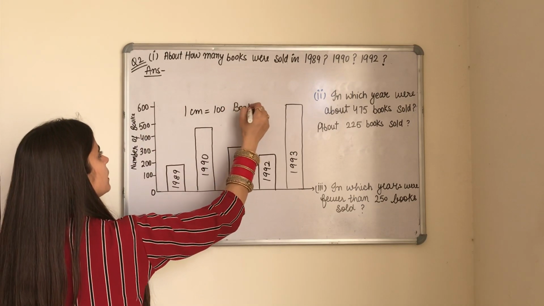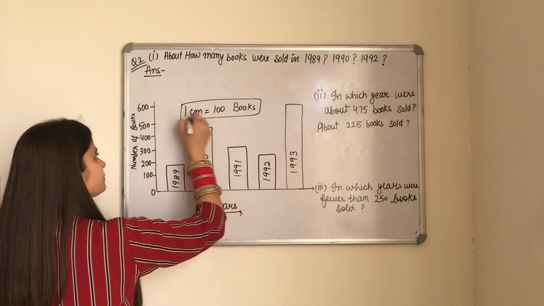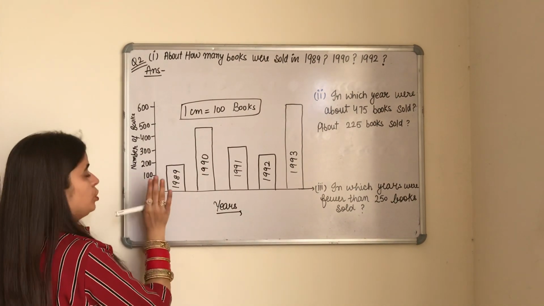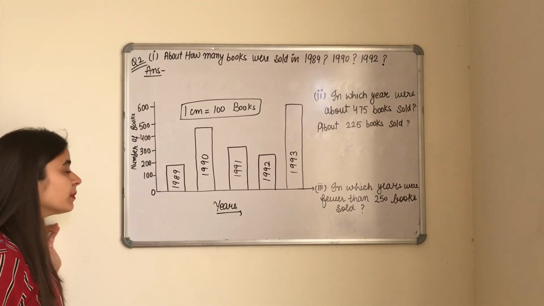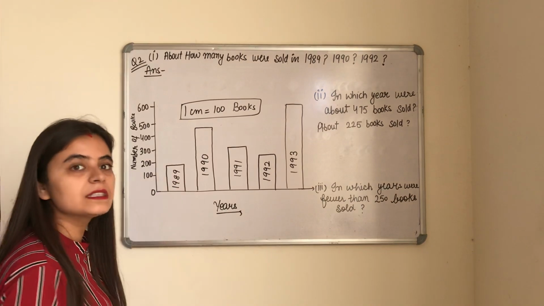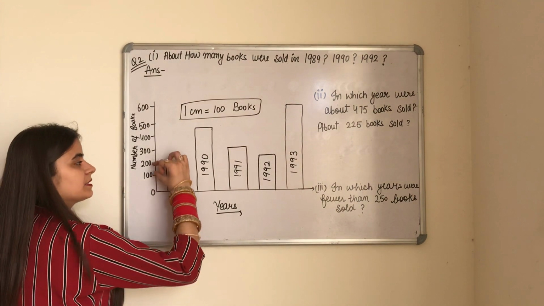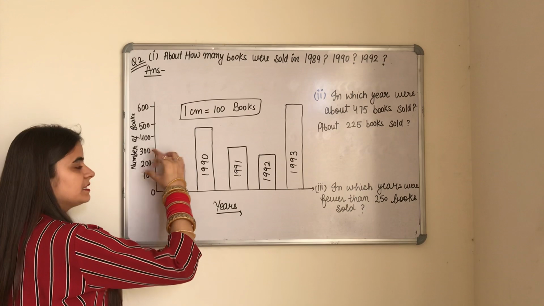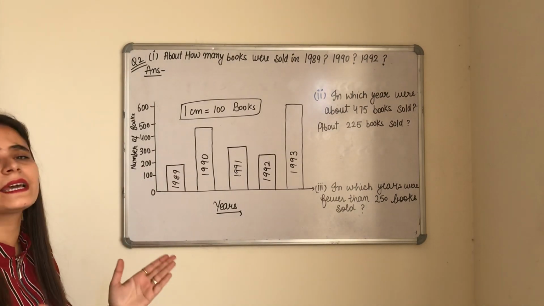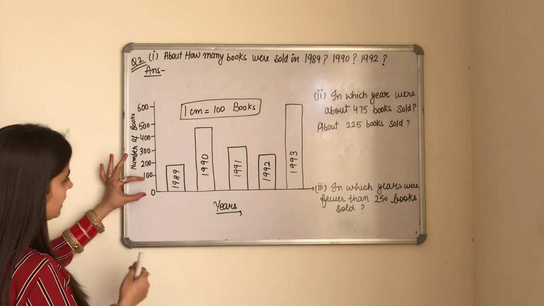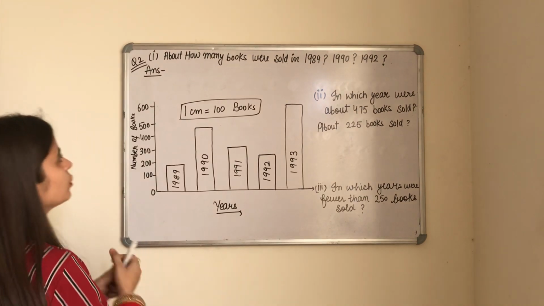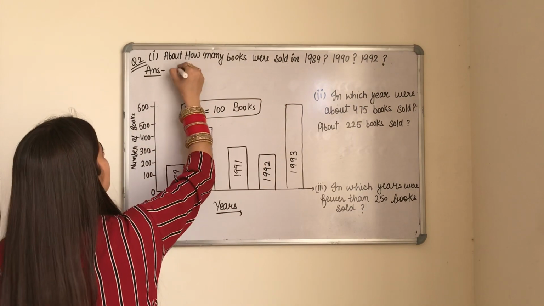If the bar went up to here, the number of books would be 100. But this bar is 1 unit plus 3/4 of the next unit, which is about 175 books, because it is just an estimation. So 175 books were sold in 1989.